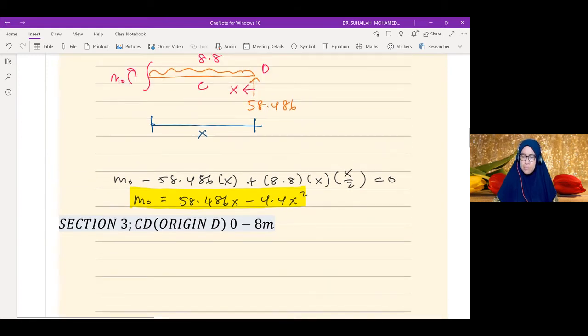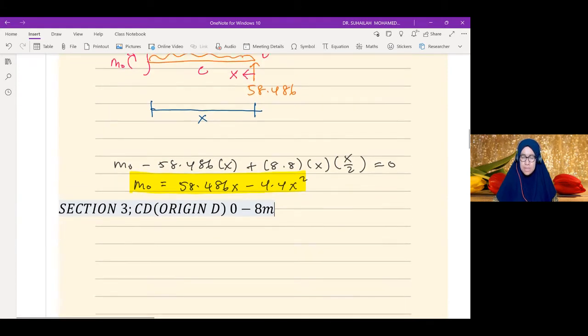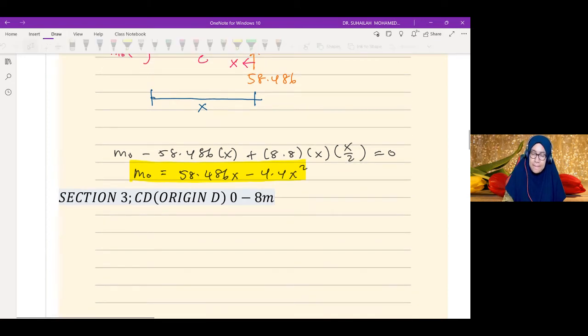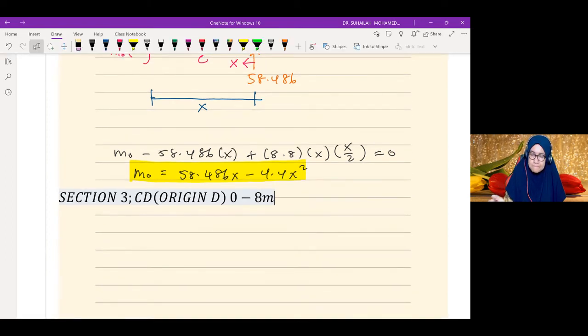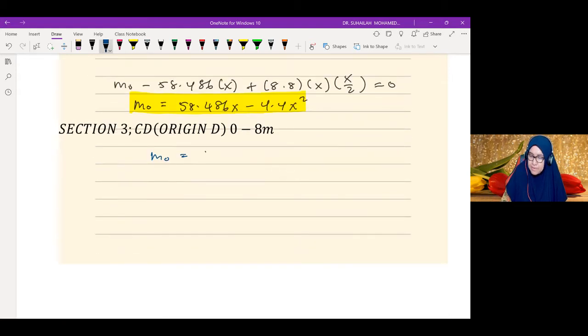And actually we do have the same equation, because we have the same section, the same diagram. So we get this M naught for this, equal to 58.486 x minus 4.4 x squared.